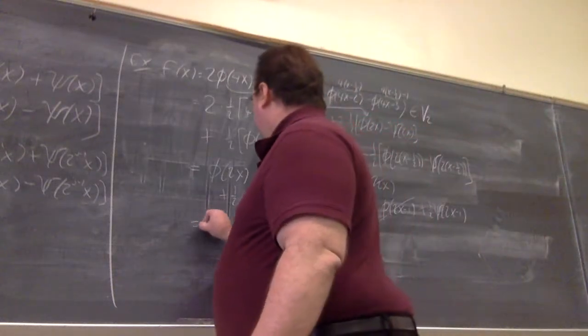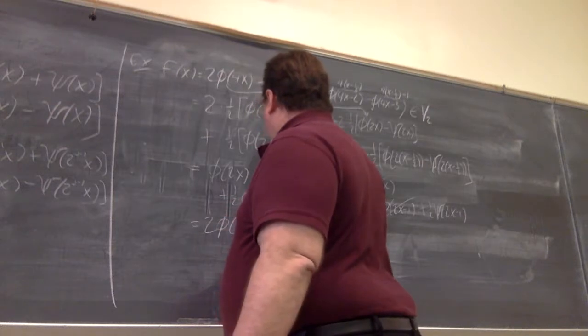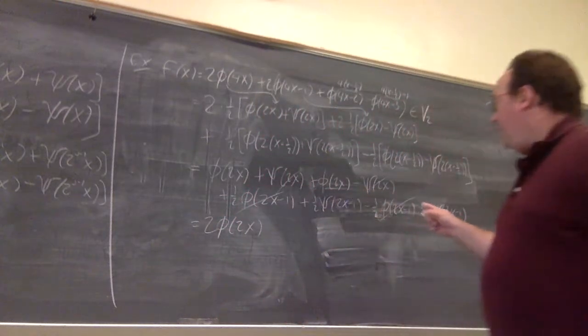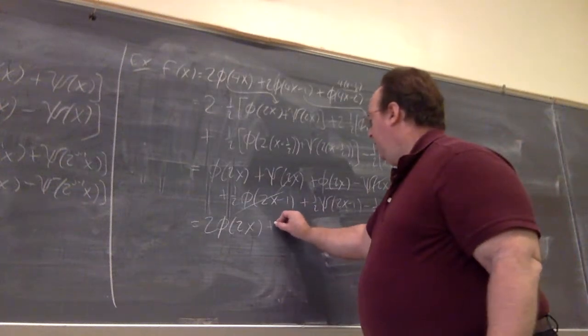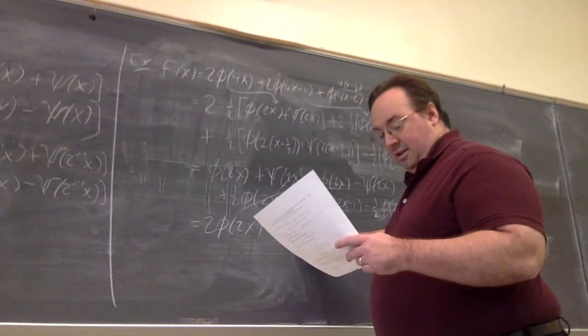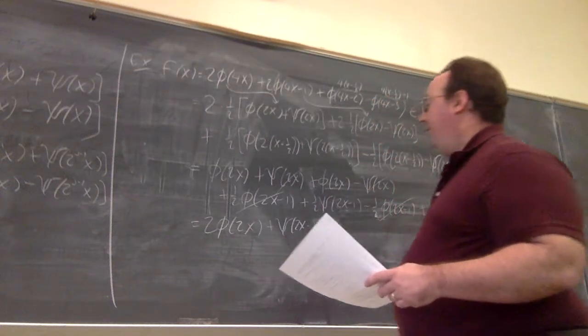So I have 2 phi of 2x. And then these two add together, so I have plus psi of 2x minus 1. Okay.